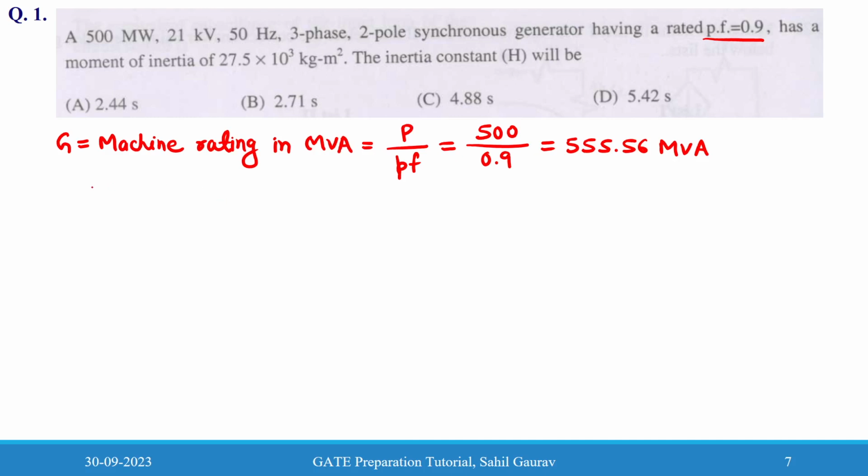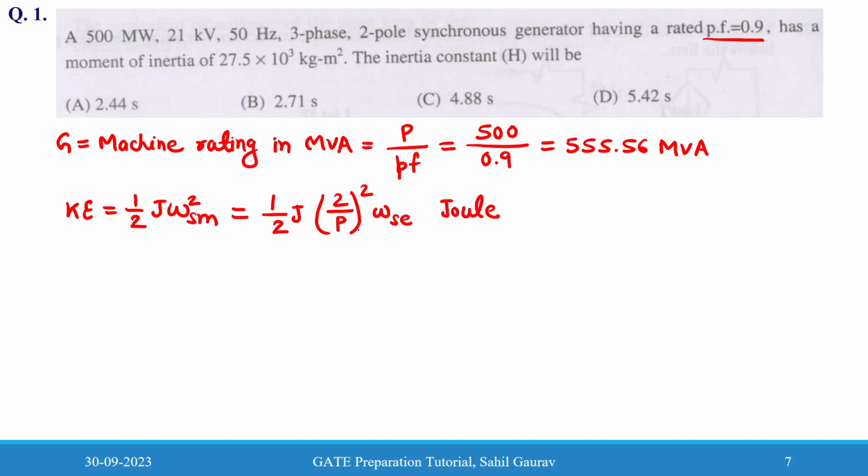So we know that kinetic energy is half of J omega Sm square. We can write this in omega AC terms also: half of J into (2 divided by P) square omega AC. This will give you the result in joules because we have not multiplied with 10 to the power minus 6.